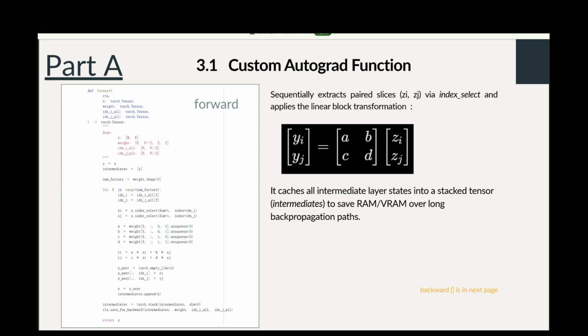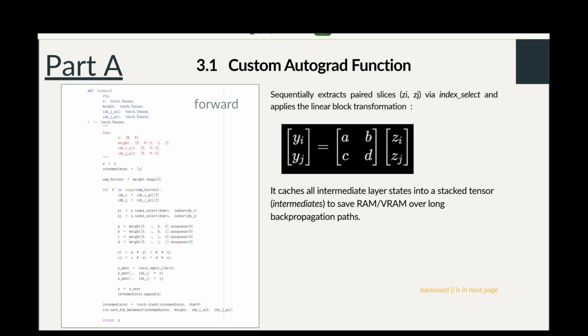And this is the custom backpropagation core of part A. In the forward pass, instead of allocating a massive computational graph for row slicing operations, we fetch indices efficiently using index select and map our primitive 2 by 2 blocks sequentially.